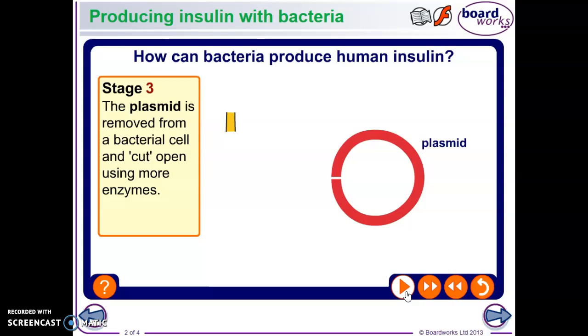Remember that these restriction enzymes are looking for a specific sequence of DNA, and when that sequence is found, they cut at a specific place. So we cut this donor gene, the insulin gene, with the restriction enzyme. We also cut the plasmid with the restriction enzyme, so they were cut at the same sequence of nucleotides. Write that in for stage 3.